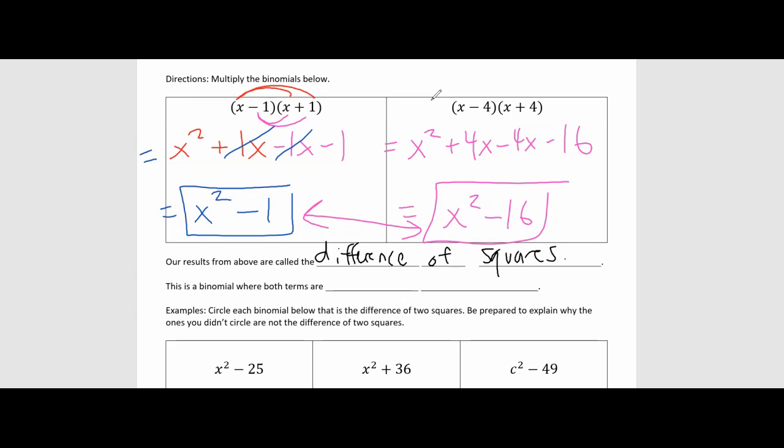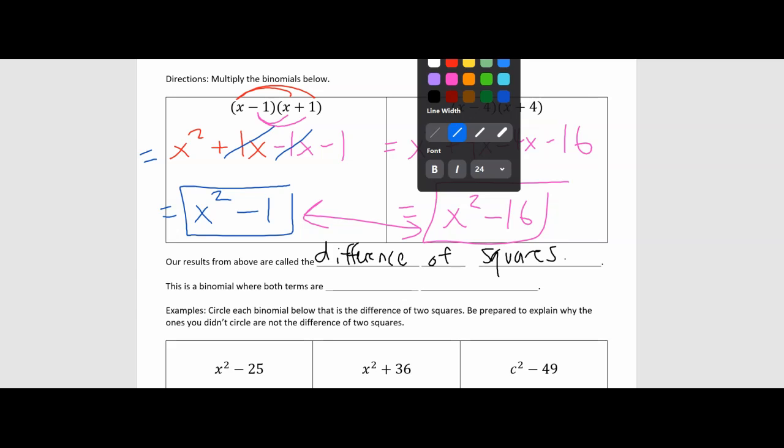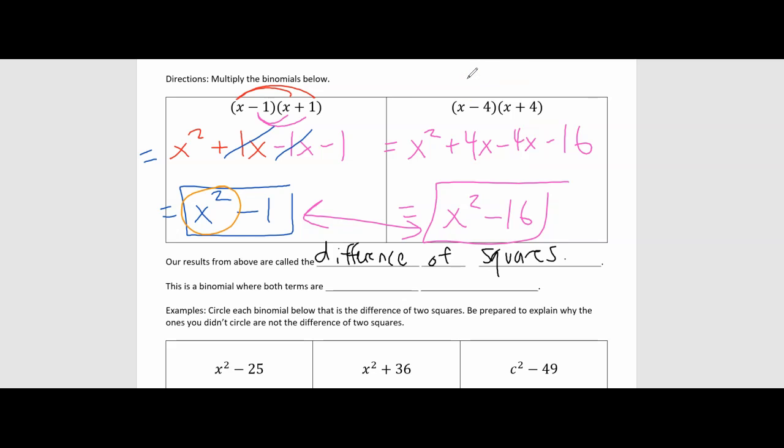And squares, meaning both of the terms will be perfect squares. X squared is a perfect square, 1 is a perfect square. X squared is a perfect square, 16 is a perfect square. So again, this is a binomial where both terms are perfect squares.